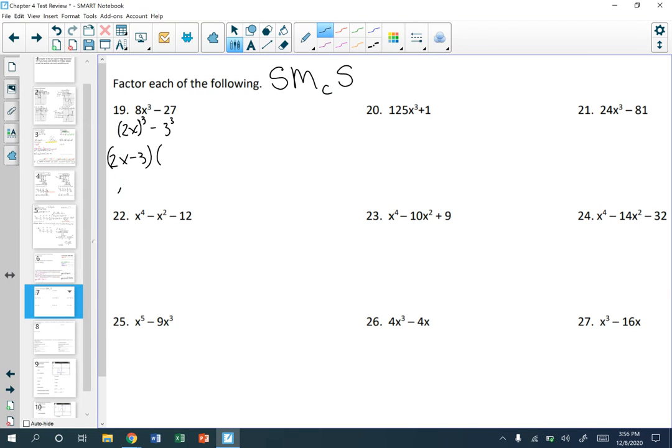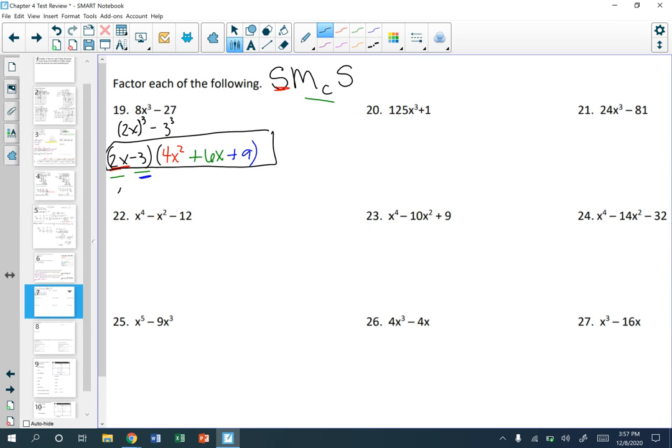So I'm going to square my 2x to get 4x squared. I'm multiplying 2x times negative 3, which would give me negative 6x, but then I need to change the sign. So I have plus 6x, and then I'm squaring my negative 3 to get plus 9. All right, again, I would try to factor this if it did, but it doesn't factor any further.